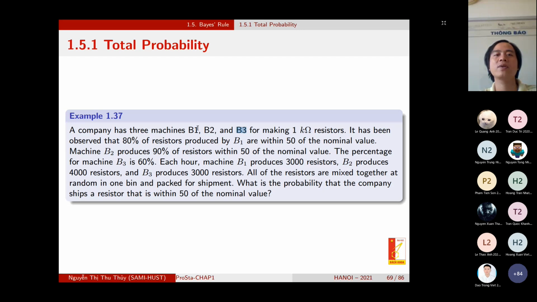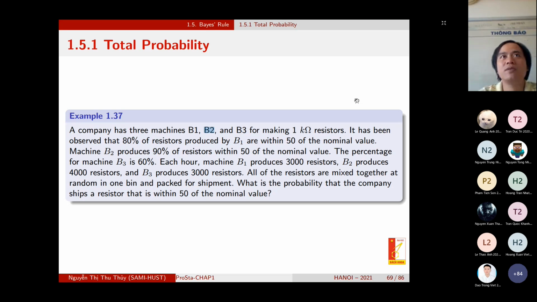We denote B1 as the event that the resistor is made by machine 1, B2 the event that it is made by machine 2, and B3 the event that it is made by machine 3. So we have 3 different cases at the beginning. We call that the prior information. And now we observe from the prior information.